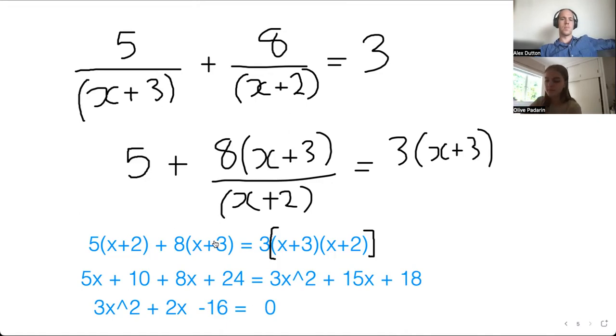Okay. Wait, can you factorize this? You can, but it's not easy.